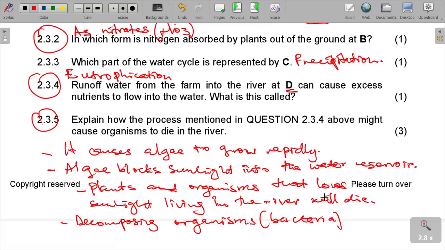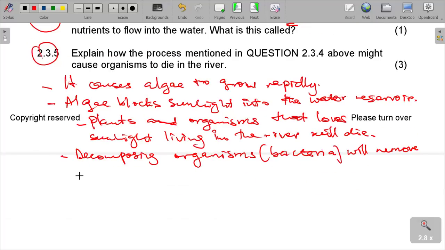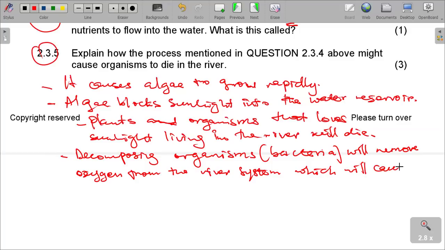The decomposing bacteria will remove oxygen from the river system, which will cause many other organisms to die.